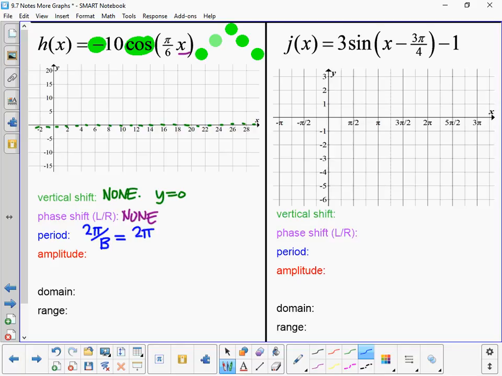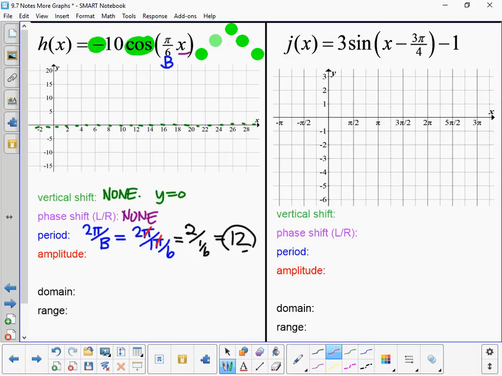So in this case, our b value is pi over 6, which is the same as 1 pi over 6. The pi's reduce, so it's 2 divided by 1/6, which is the same as 12. So the length of one period, the length of one cycle, is 12.